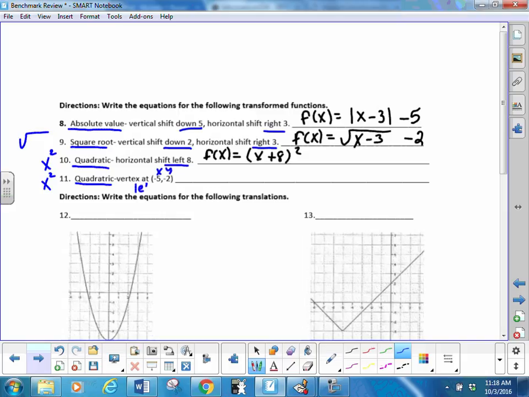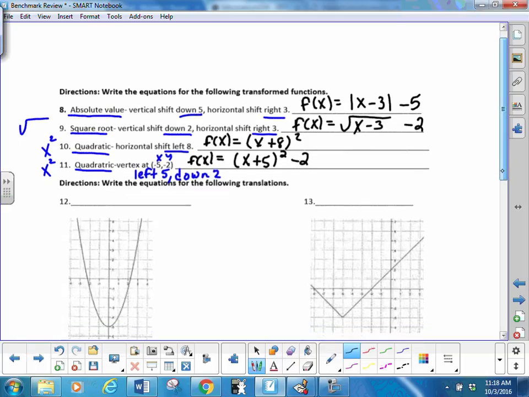I've moved left 5 and down 2. So the left part goes inside the parentheses, and remember to square it, and then down 2.